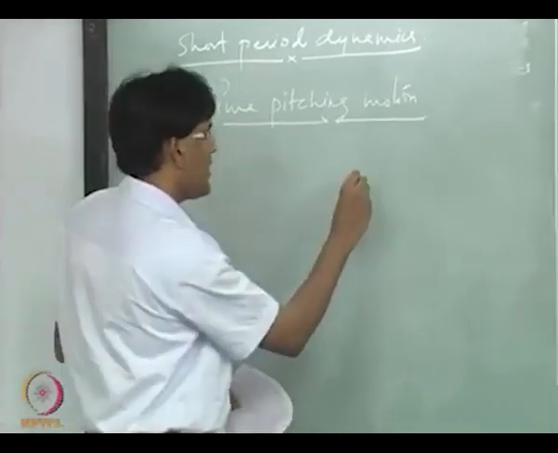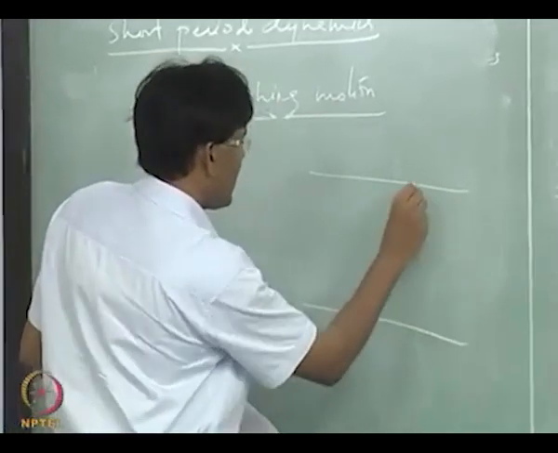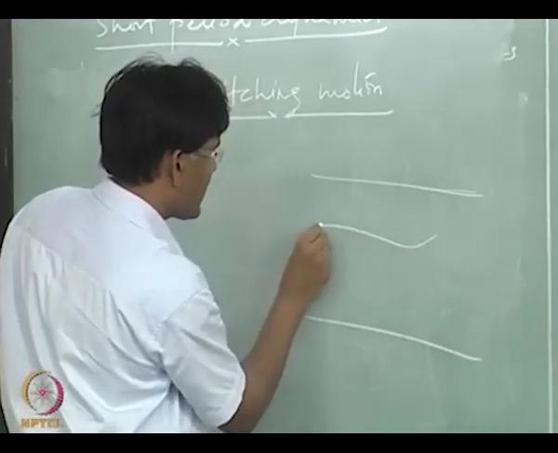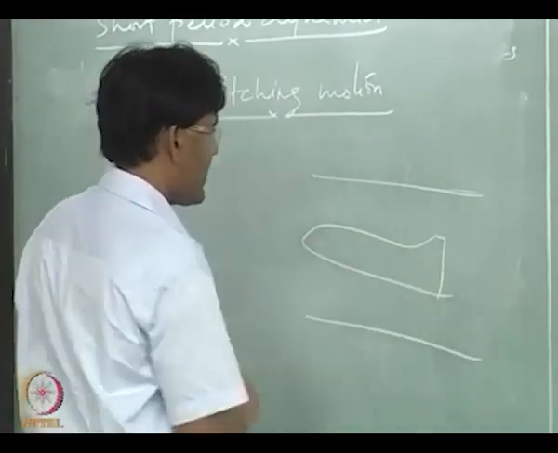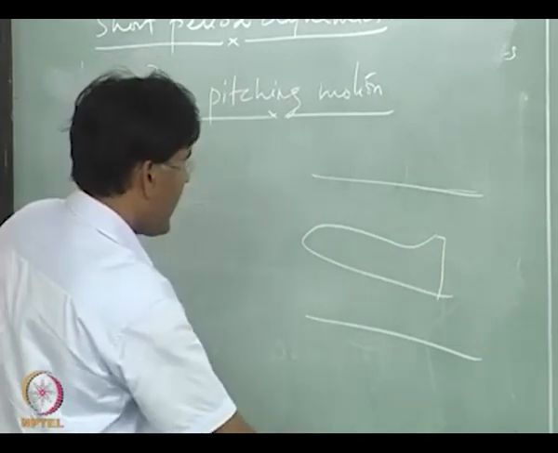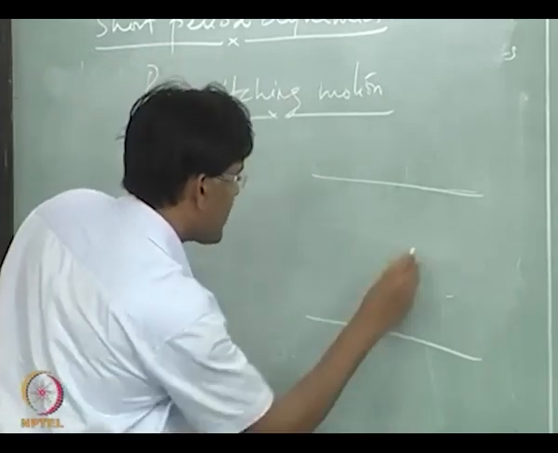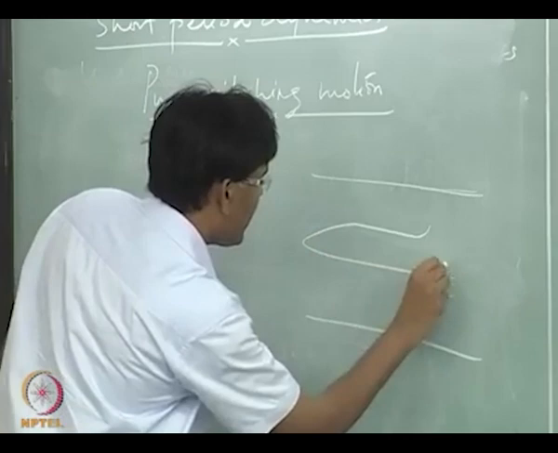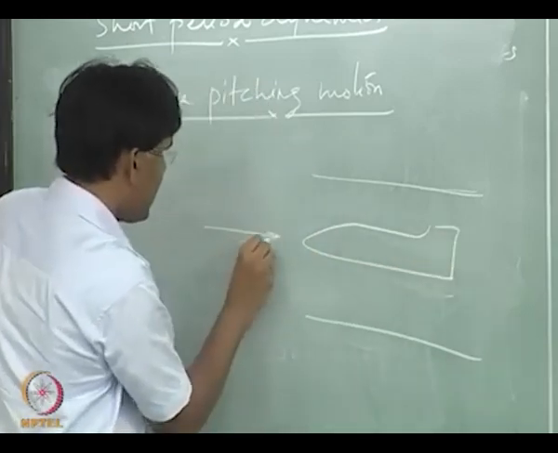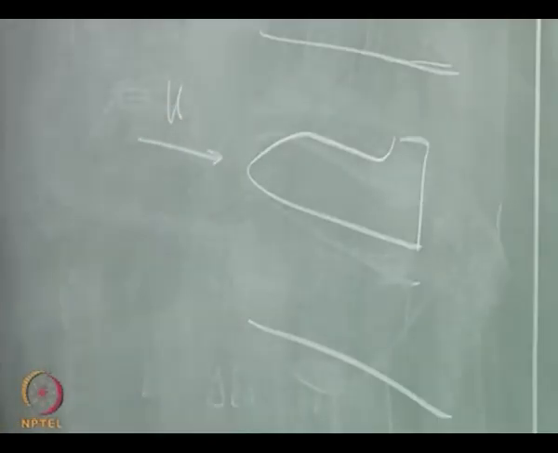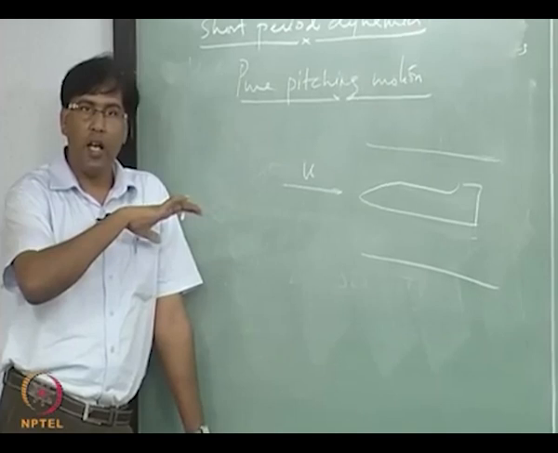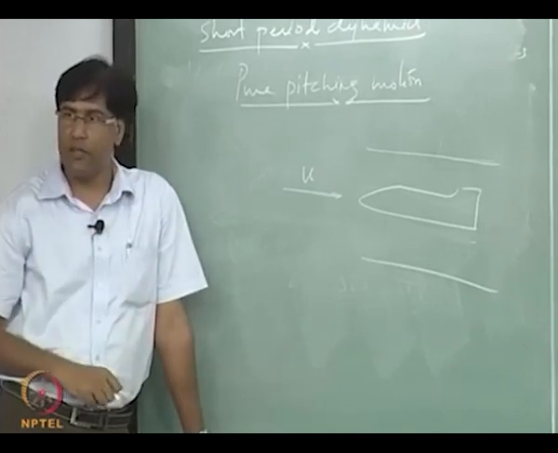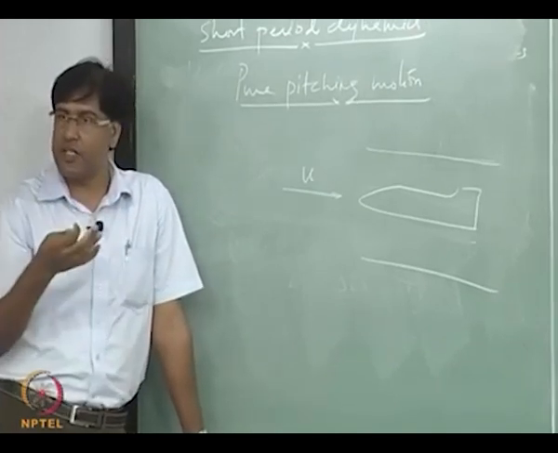right. So, you have a wind tunnel and this is your model which is aligned with this flow, right. So, you are flying cruise, alpha is 0 and then you give a perturbation in pitch.